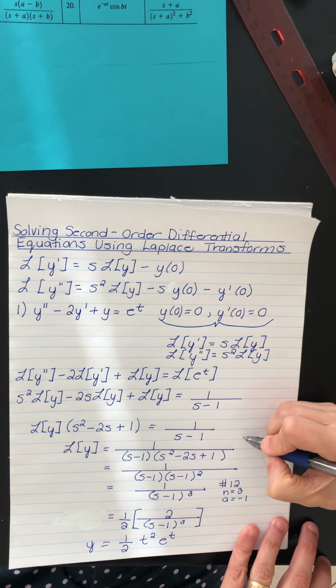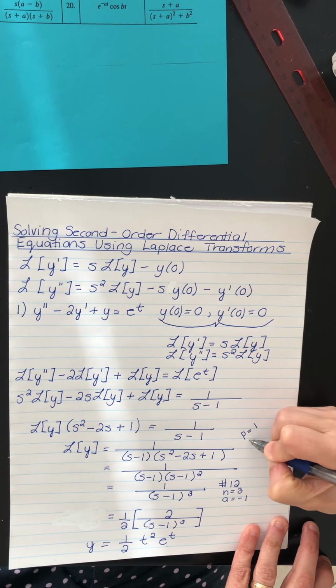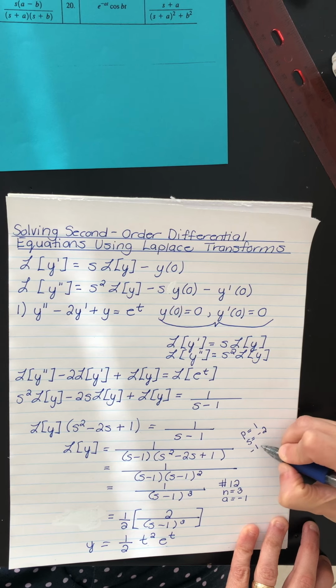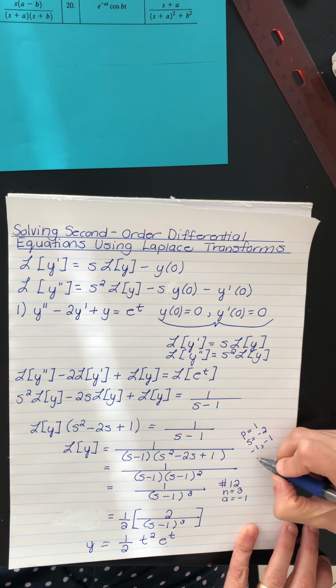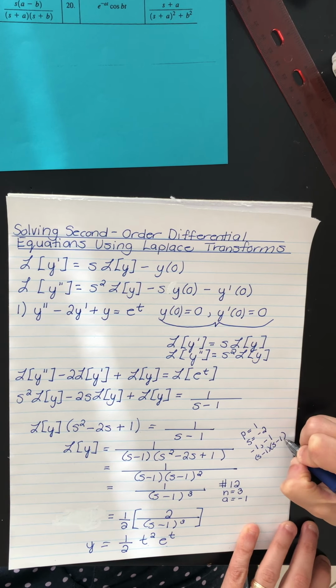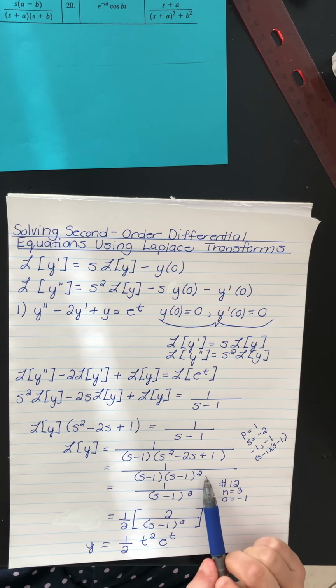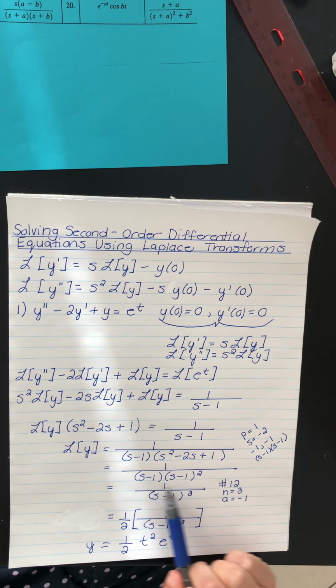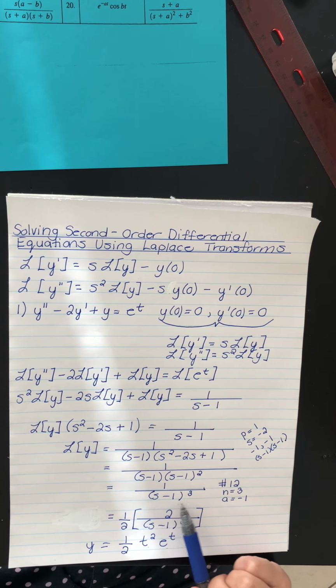You see it is product of 1, sum of -2. So the numbers are both -1, making the factors s minus 1, s minus 1, or in other words, s minus 1 all squared. So our new denominator is the cube of s minus 1.